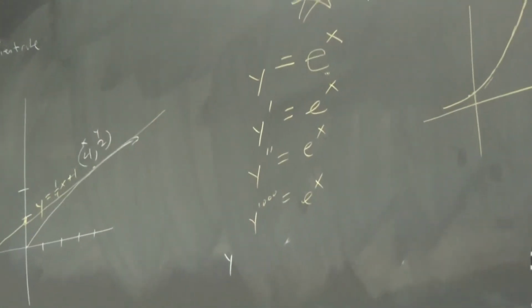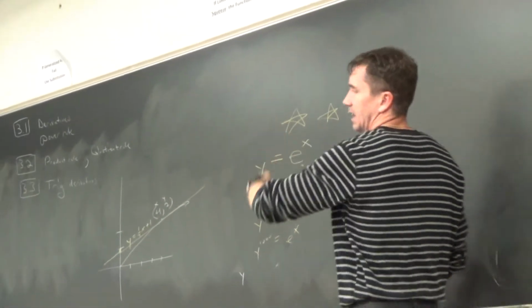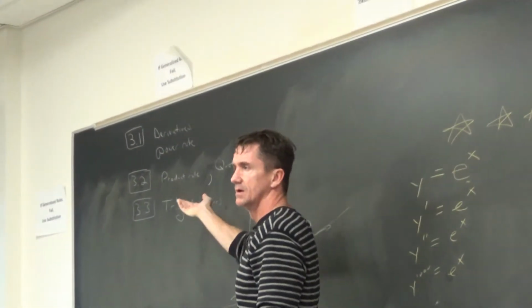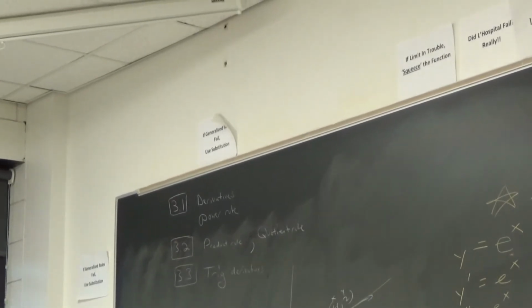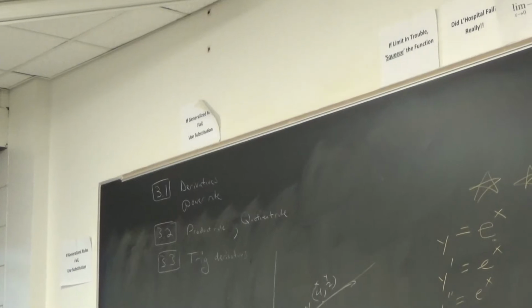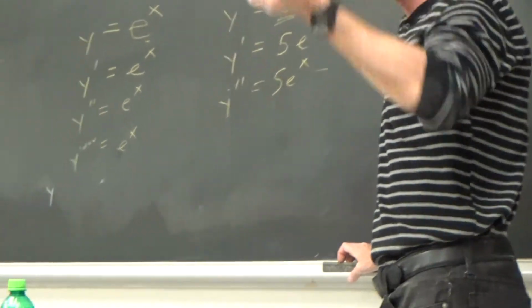Cool. Hey, let's talk about the constant rule. I don't write the constant rule. It's written in the book. Constant rule means, you've already applied it. What if there's just a constant in front of these things? No effect. Don't you agree? Constant rule.